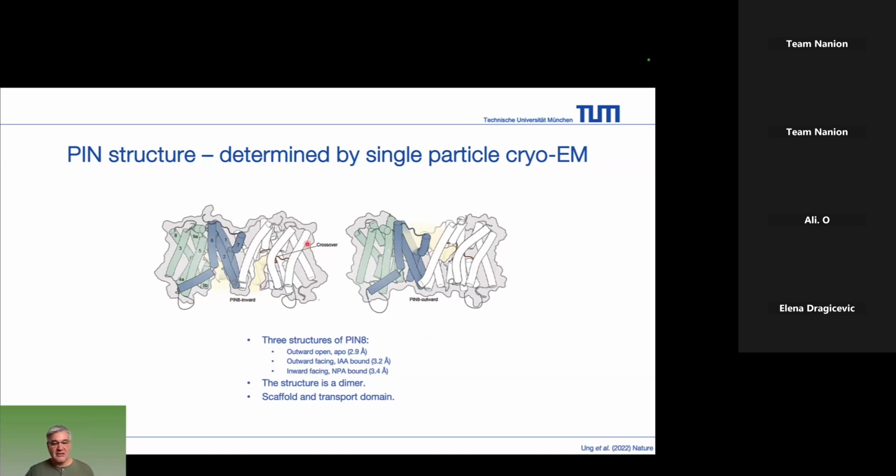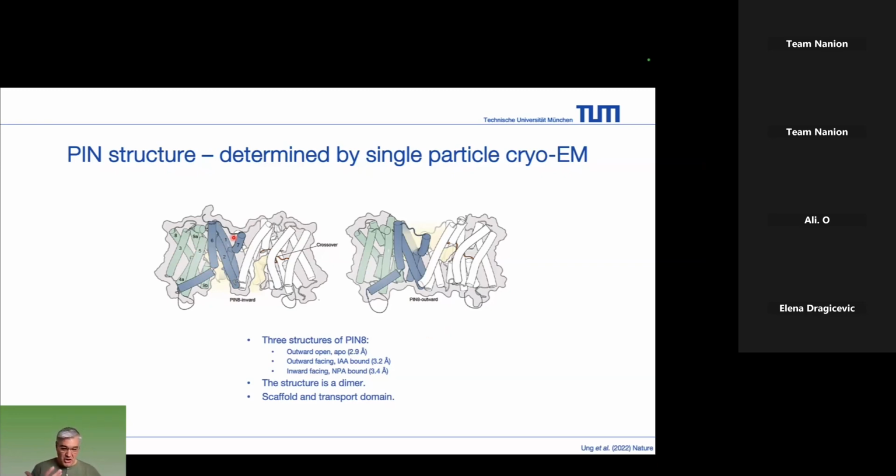What you can also see and may appreciate, so we have a dimer, and one monomer is shown in white and the other one is shown in blue and green. And we named the blue part here the scaffold domain, and this here is the transport domain. And the 2 monomers interact here at the scaffold domain.